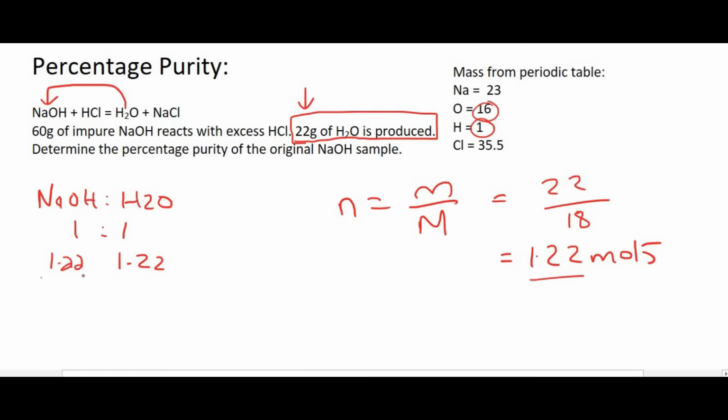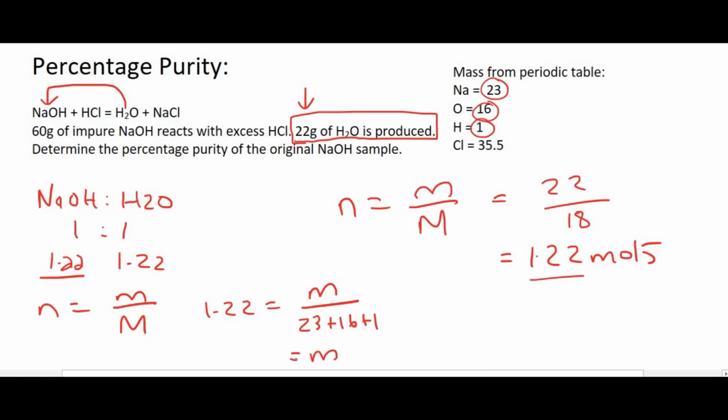So now I can use this 1.22 moles of NaOH and see how much mass that actually is by using n equals m over M again. The number of moles is 1.22 equals the mass over the molar mass of NaOH. Na is 23, oxygen is 16, and H is 1. If you work that out, you're going to realize that the mass of pure NaOH is 48.8 grams.